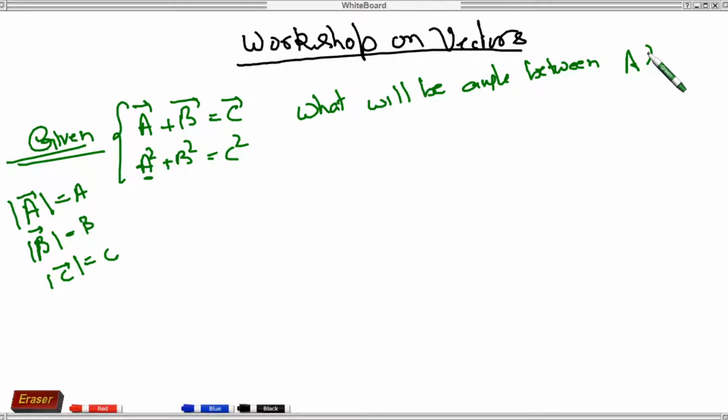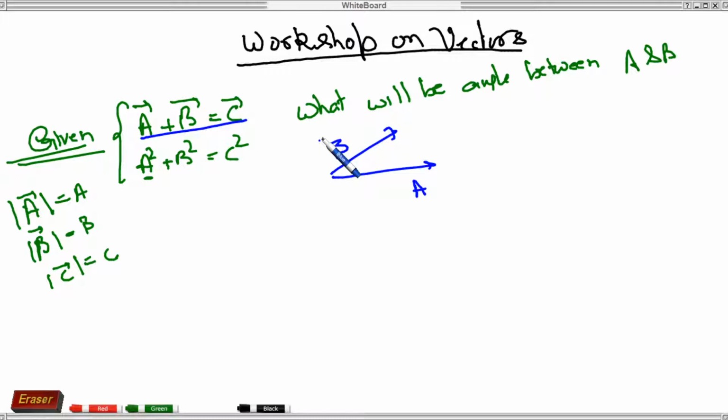A and B. So suppose these are the two vectors, A and B, and this is the angle theta between them.